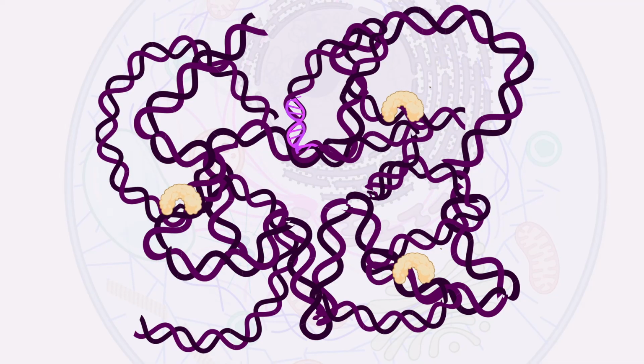And lastly, there's not just one transcription factor searching, which means eventually one of these will hit the right place and get transcription started. However, it's also not just transcription factors regulating this gene expression.